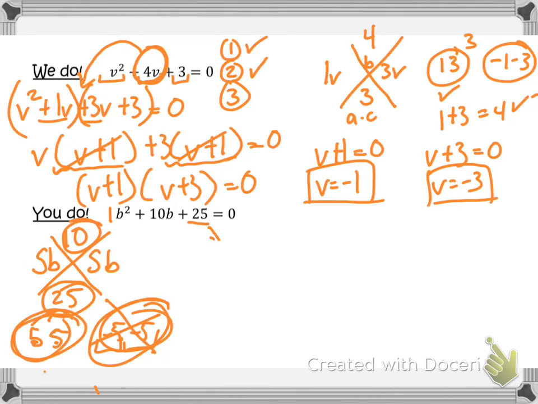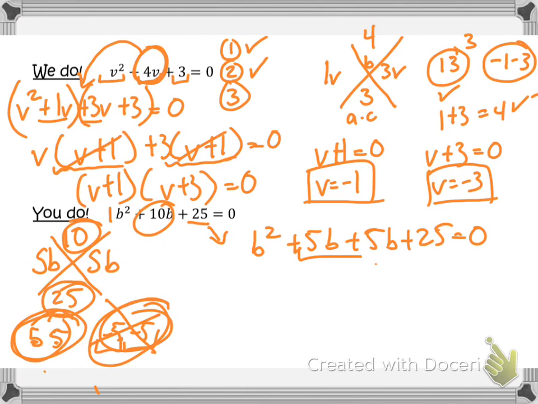So let's write it out as B squared plus 5B plus 5B plus 25 is equal to 0. Because 10B, I'm rewriting 10B as 5B and 5B. I'm rewriting the trinomial from 3 terms into 4 terms. Now we're going to factor by grouping.